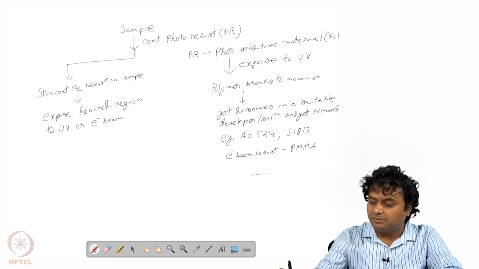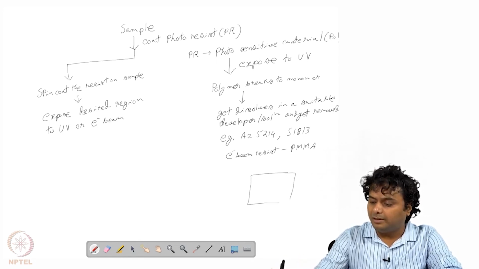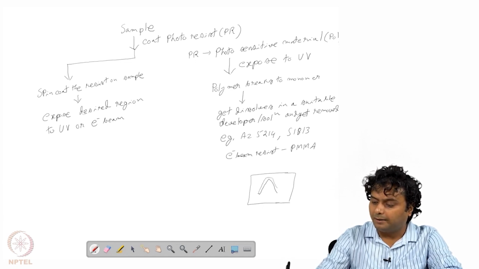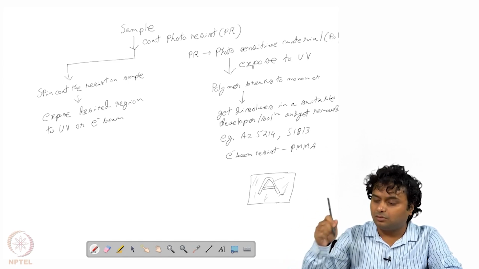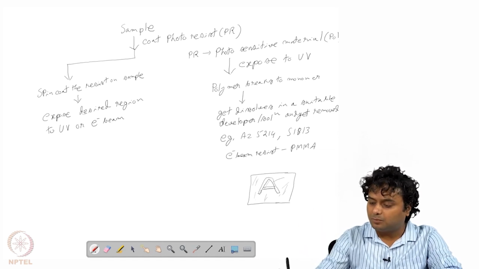So if this is my sample, and if I need to, let us say if I need to write this pattern A, okay, I need to write this pattern A. Then what I will do, I will coat this with polymer everywhere, and then using a laser source I will just expose only on.